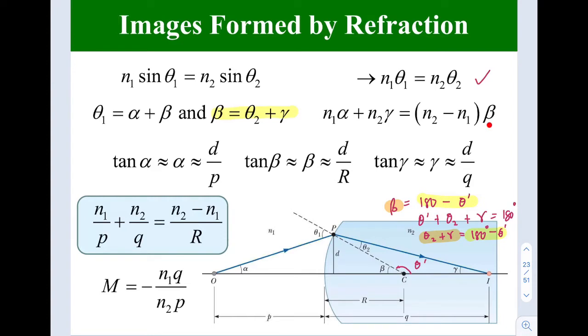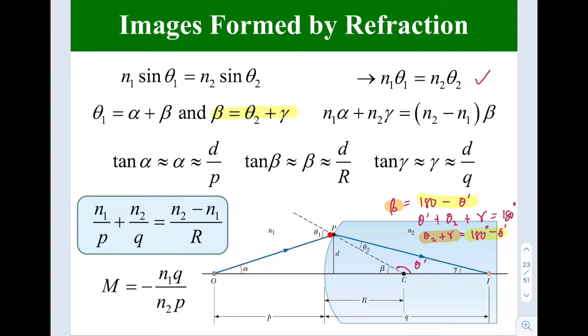And make use of tangent alpha. If the angle is very small, tangent alpha is more or less alpha, which is equal to d over p, from this triangle.